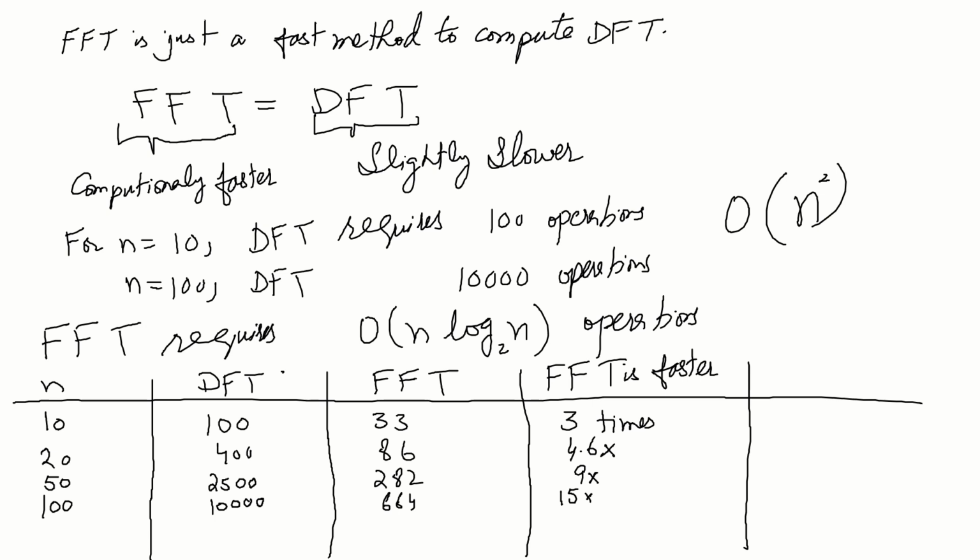For n equal 1000, FFT is 100 times faster. And if n is equal to 100,000, FFT computes the discrete Fourier transform 6,000 times faster than the direct method of DFT. So for large values of n, which is very common in practical problems, FFT is thousands of times faster than the direct method of DFT.